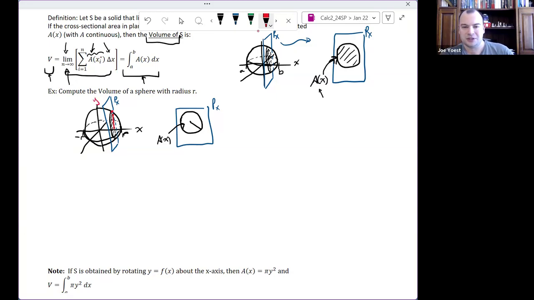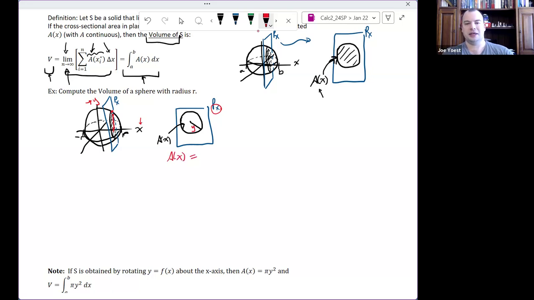And if I call this axis y, I just see that this is the y value associated with this particular choice of x, where my plane is slicing through the x-axis. In other words, this radius we'll just call y.